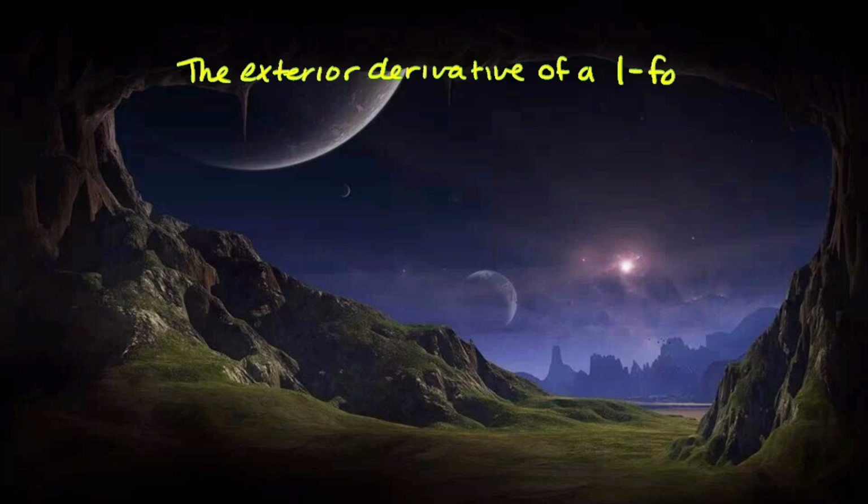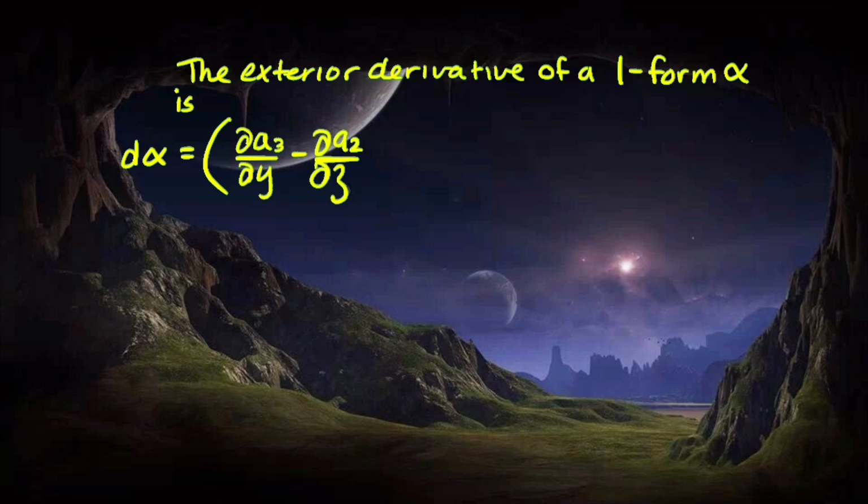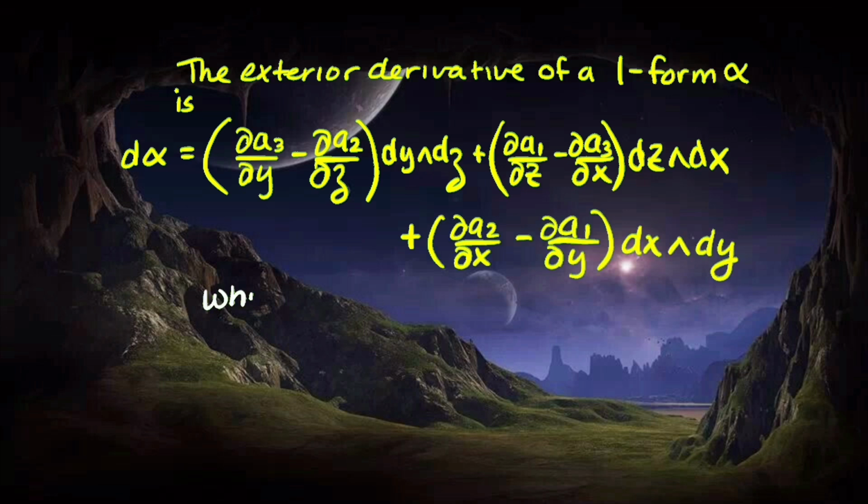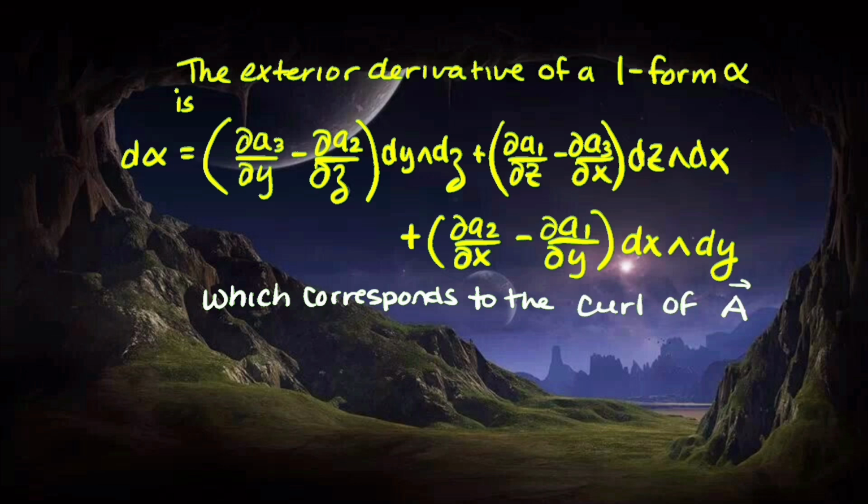The exterior derivative of a one-form alpha is d alpha, and this relates to the curl of a vector field. And that is because the wedge product involves the cross product.